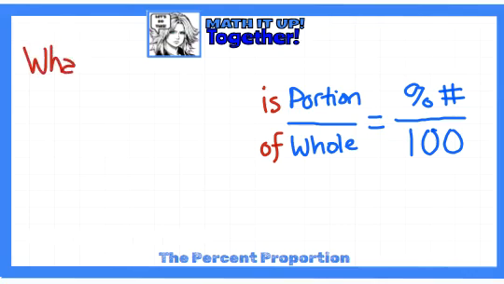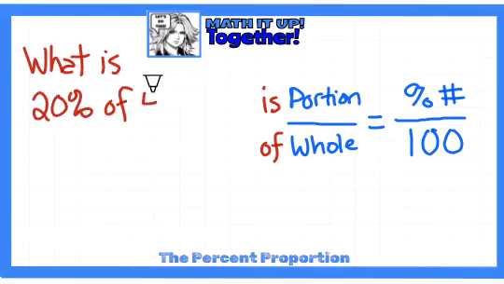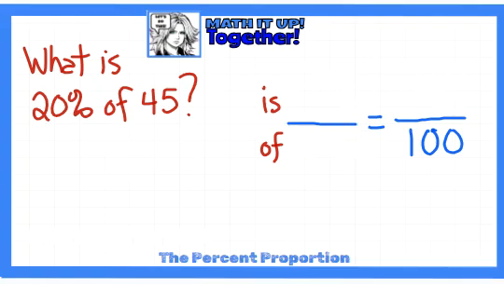So what is 20% of 45? That's a proportion problem. That's one type. There are three types. So let's take these out and let's see if we can identify what goes where.